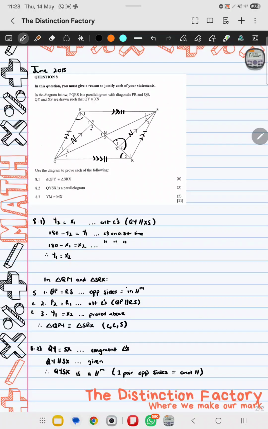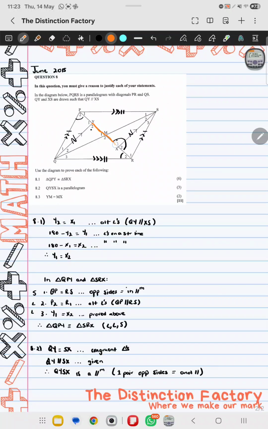All right, let's go on to our next question, which says that we need to prove that YM is equal in length to MX. Now, remember that we did just prove that this is a parallelogram. And one of the properties of a parallelogram is that your diagonals bisect each other.